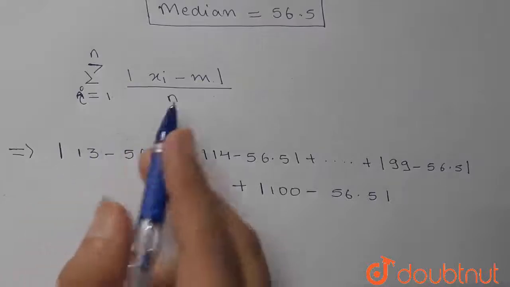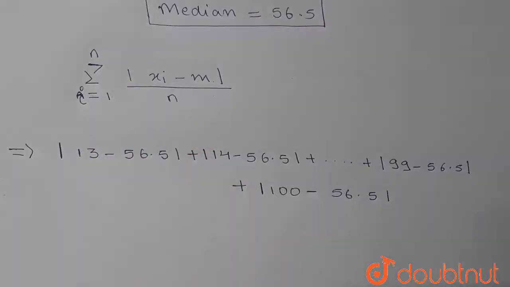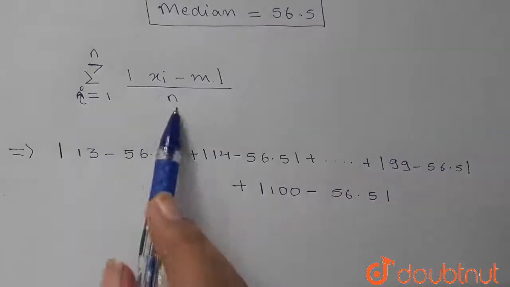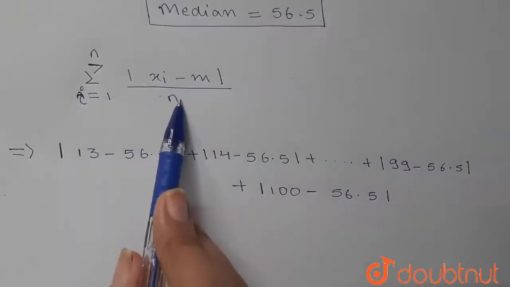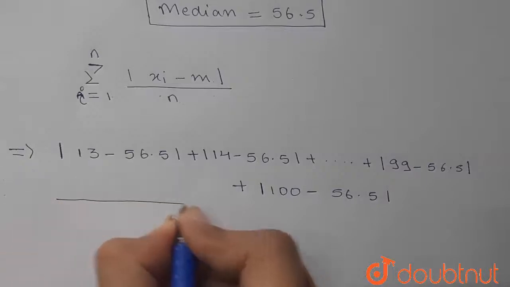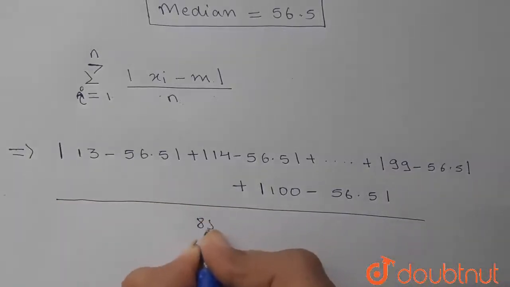This whole is divided by n, and n is the total number of terms, which we have already found to be 88, an even number of terms. So we are going to divide this by 88.